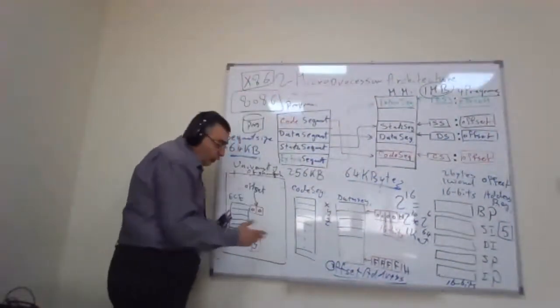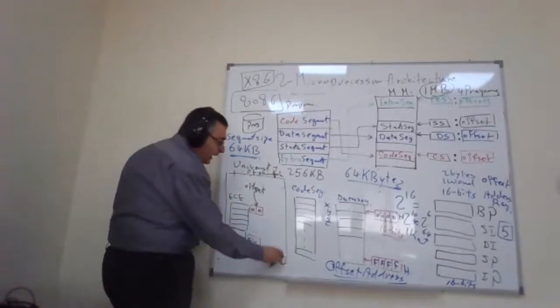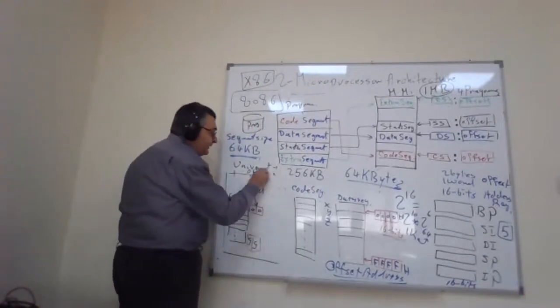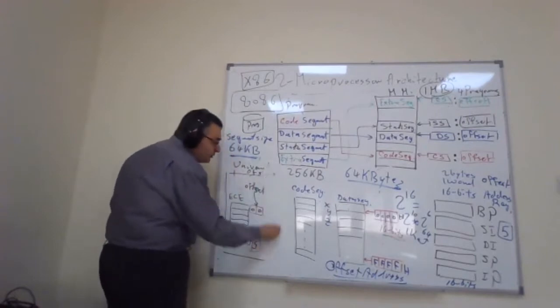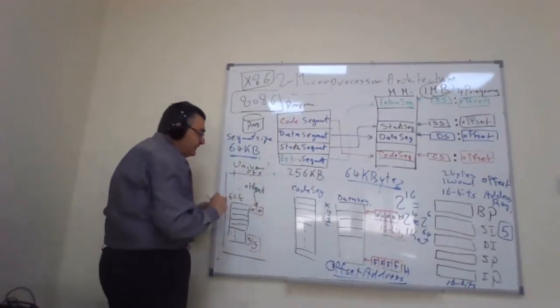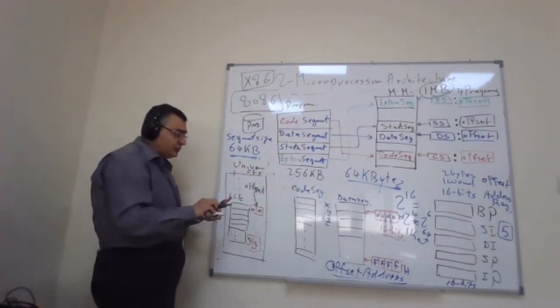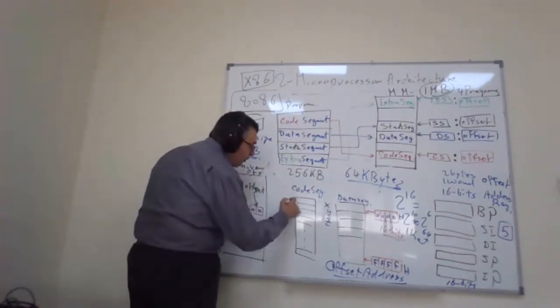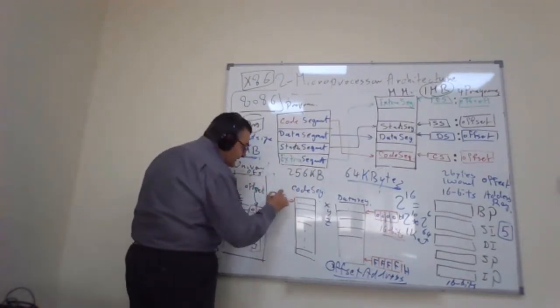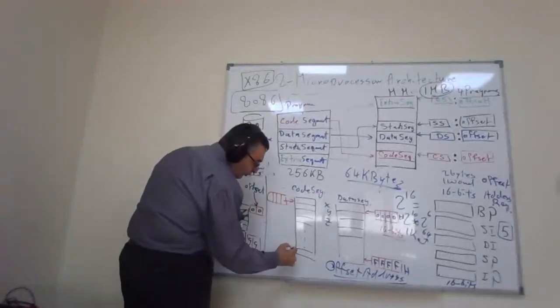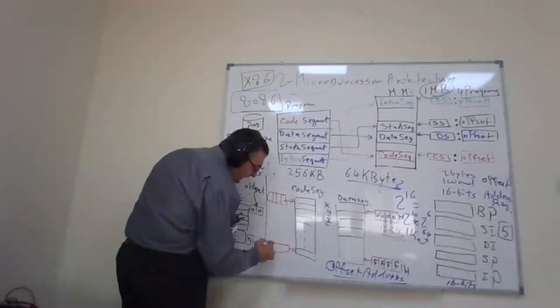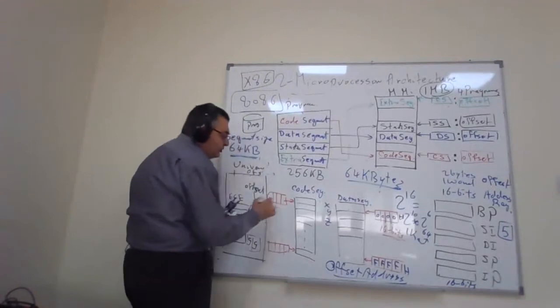So also for the code segment, the stack segment and the extra segment, all of those are segments, and each of those segments has what we call the offset address. What is the first offset address in the code segment?